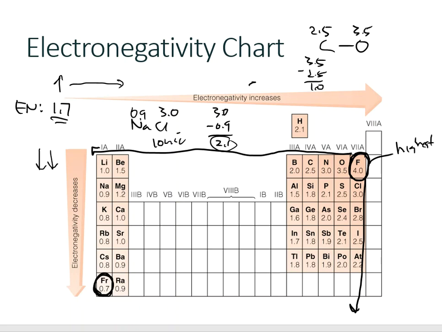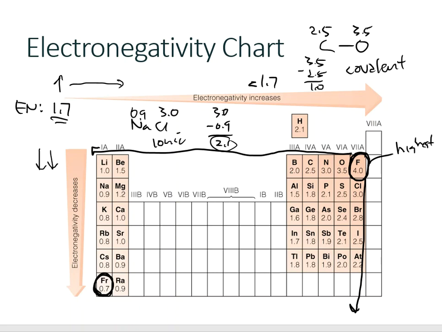That is less than 1.7, which means that the bond between that carbon and that oxygen is a covalent one. That is how we use electronegativity, not position on the chart, to guide us to determine if something's ionic or if something is covalent.